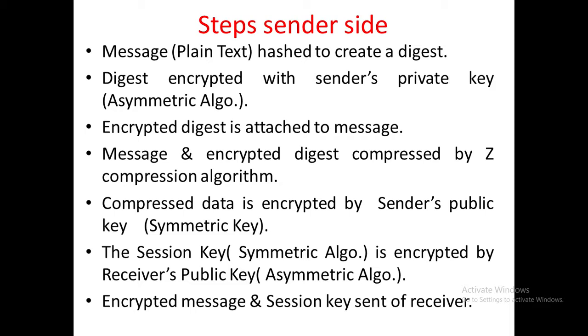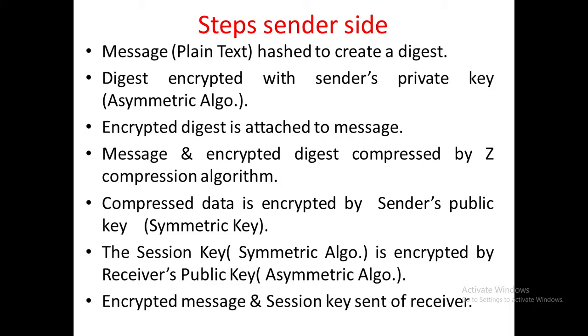Then we want to send the session key securely to the receiver side. So that session key we will encrypt with the receiver's public key, because in an asymmetric algorithm we have a pair of keys, the public key and the private key. So we'll use the receiver's public key and encrypt this session key.